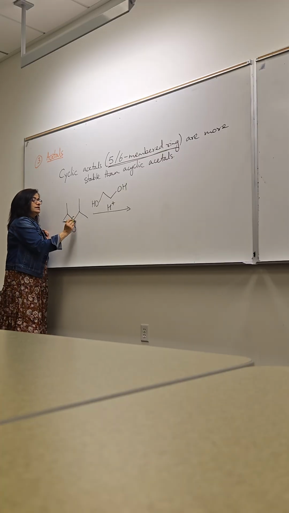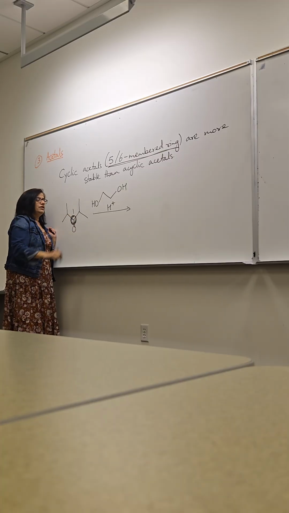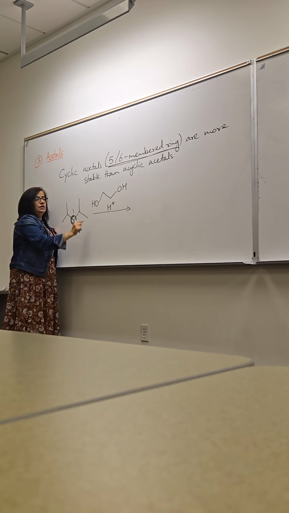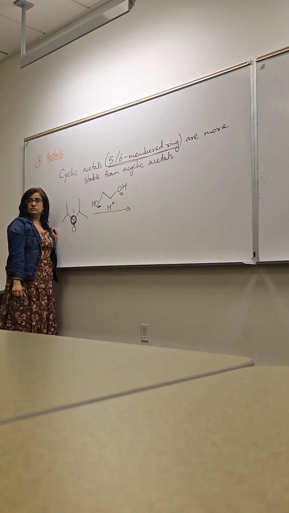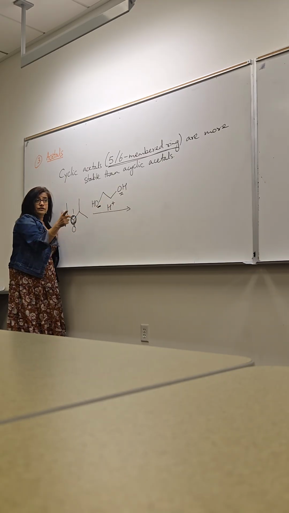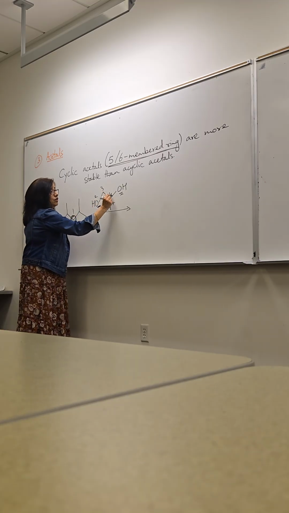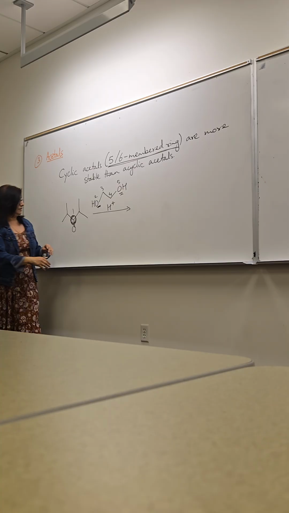So, this carbon, let me call it 1, because that's where the reaction is going to happen. Are these oxygens part of the acetal? Yes. So 2, 3, 4, you get a new 5-membered ring.